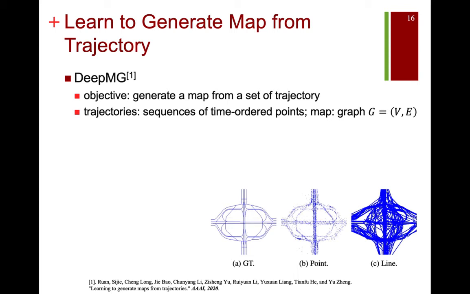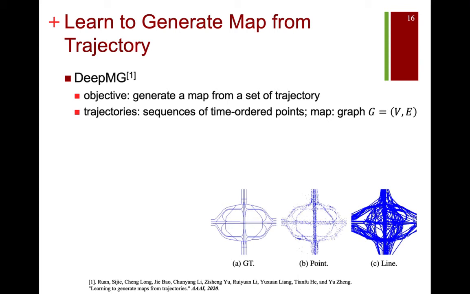This can be done by looking back to the trajectory data, because we can get the trace and also the direction information from the trajectory data. If there exists a certain number of trajectories passing from one node to another, then we can generate a link.